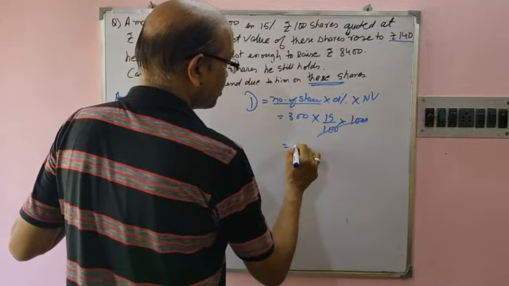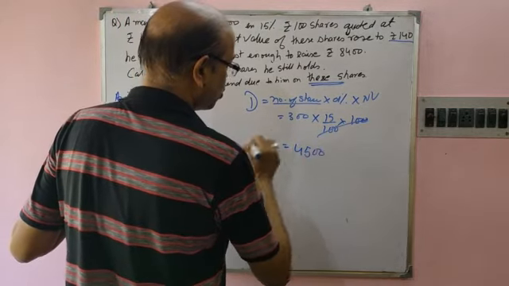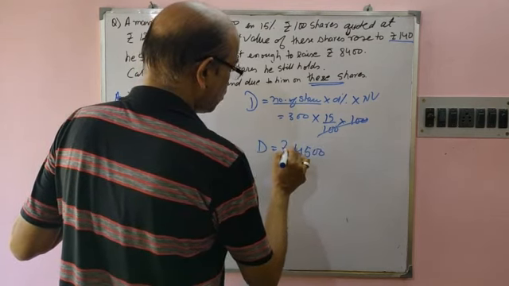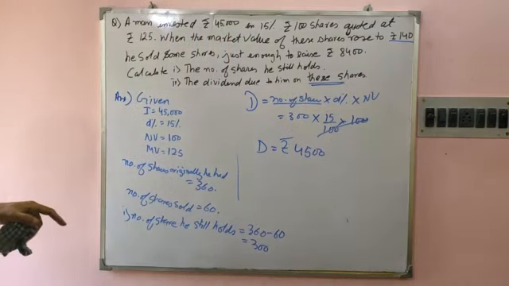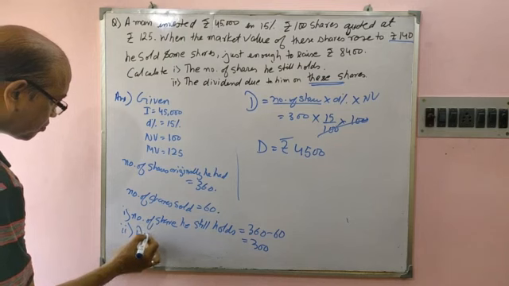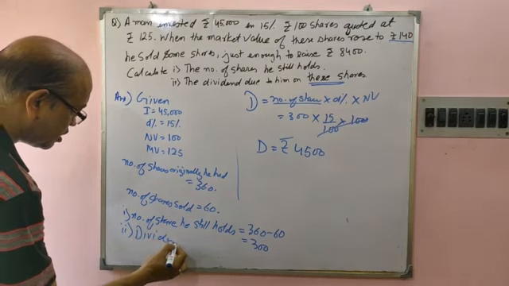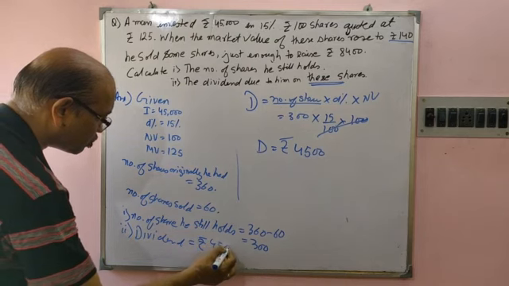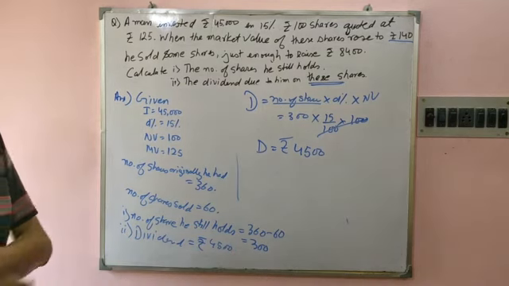So it is 15 threes are 45, 4500. Therefore dividend is rupees 4500. Is it clear now?